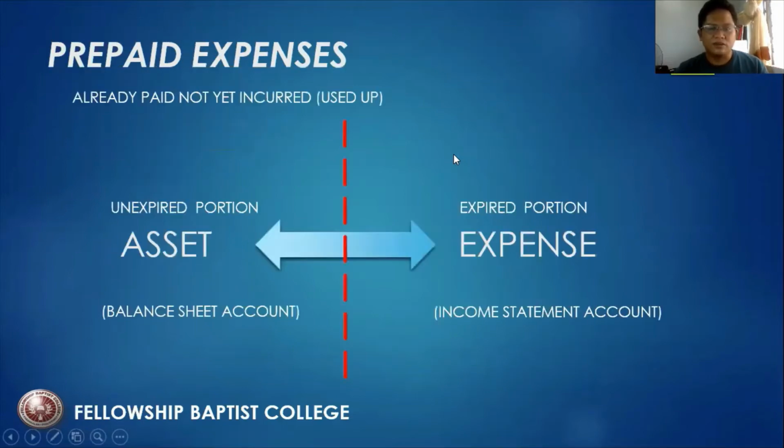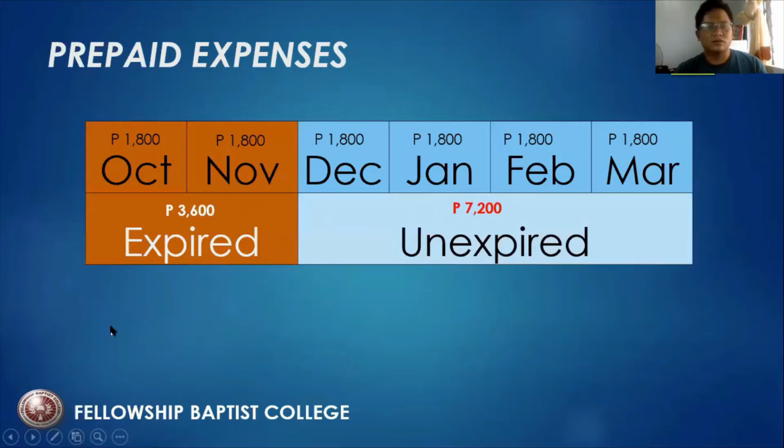Okay. So remember, at the end of the year, if we recorded an asset, we have to take out the expired portion and record it as an expense. If we recorded it as an expense, we have to take out the unexpired portion and transfer it to our balance sheet. Okay, clear? So in our example, October and November have already lapsed.